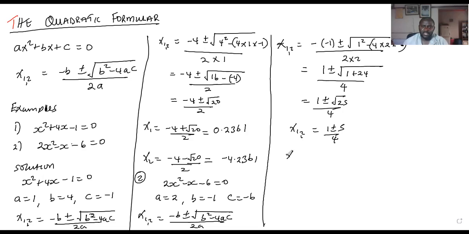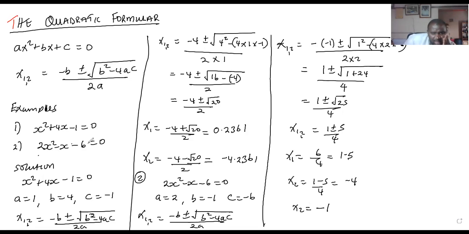So x1 and 2 are 1 plus or minus 5 all over 4. The first one, x1, can be addition, which is 6 out of 4, and the answer is 1.5. Then x2 is 1 minus 5 out of 4, which is -1.